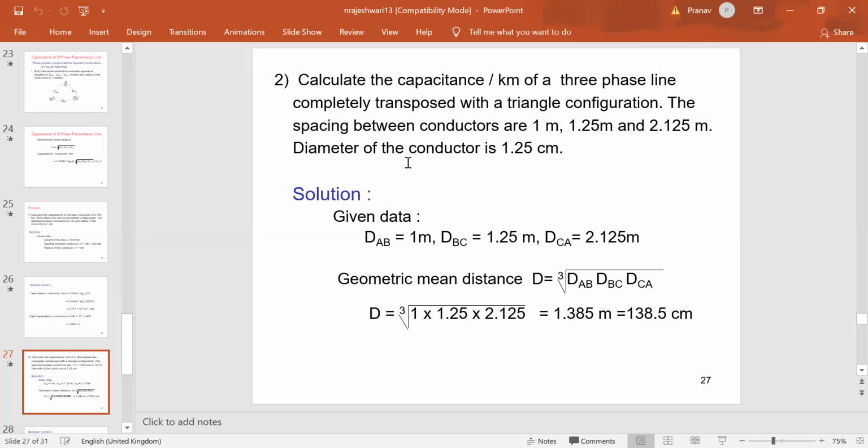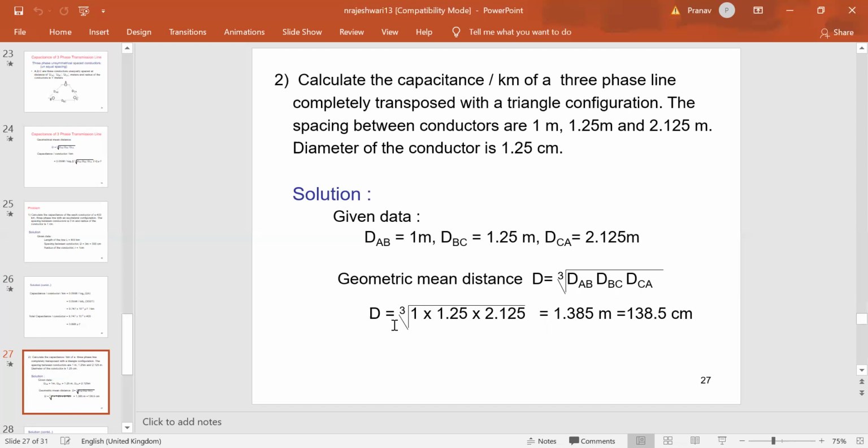The diameter of the conductor is 1.25 centimeters. So the given data is DAB is 1 meter, DBC is 1.25 meters and DCA is 2.125 meters.